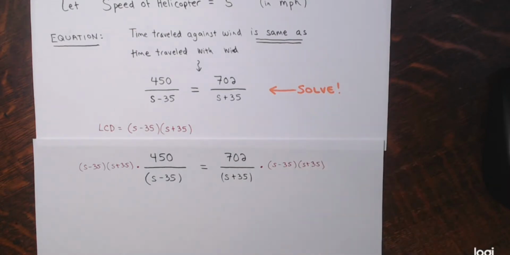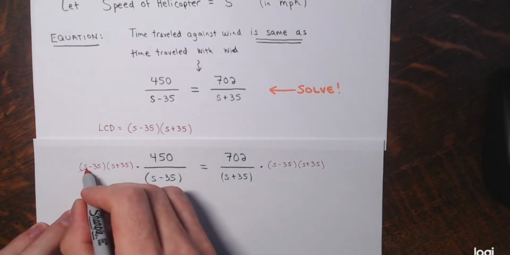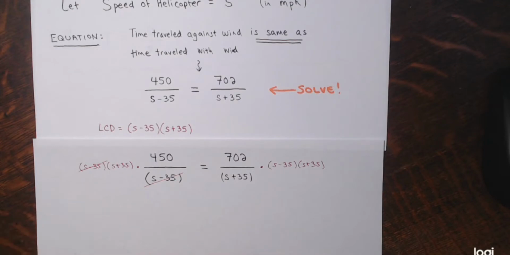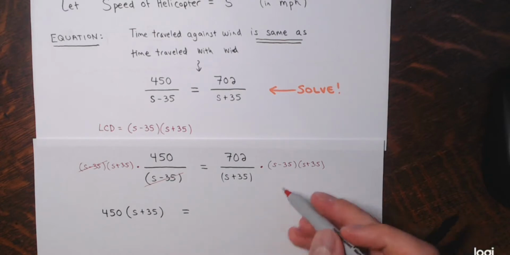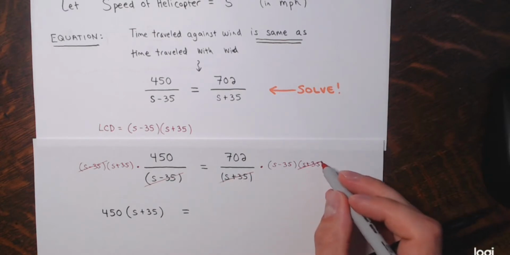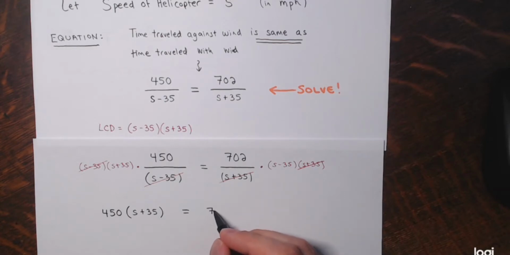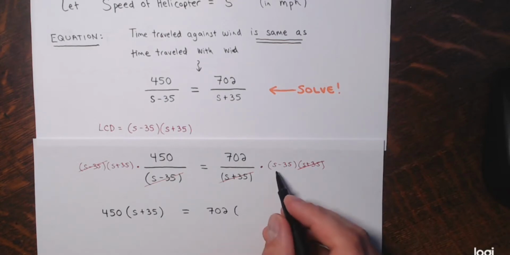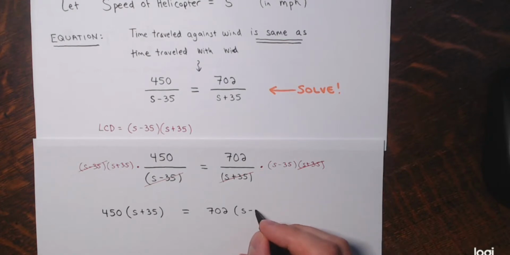Again, the whole reason you multiply both sides by the least common denominator is to get rid of all the denominators. On the left side, the s minus 35s would cancel, and I'm left with 450 times the quantity s plus 35, because that's the only factor remaining from the LCD. Equals, then on the right side, the s plus 35s would cancel, and I have 702 times the only factor left from the LCD, this quantity s minus 35.